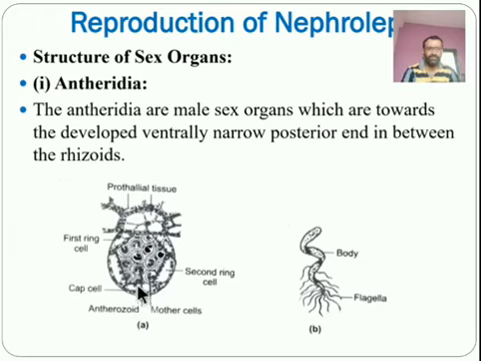When they absorb more water, they swell up, and due to the swelling the cap cell breaks. From there the antherozoids are liberated into the water. They are free to swim in the film of water, and they come toward the archegonia.